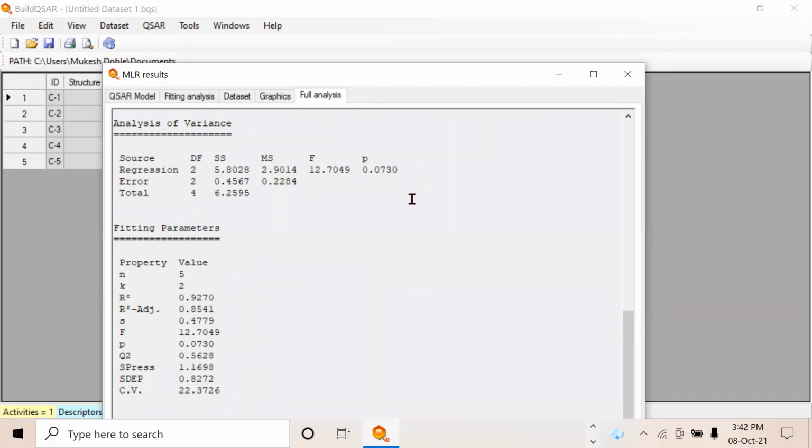And then gives you the ANOVA table, p value, f value, mean sum of squares with error, gives you r square, adjusted r square, and q square. These are a lot of statistical terms that come in regression actually.